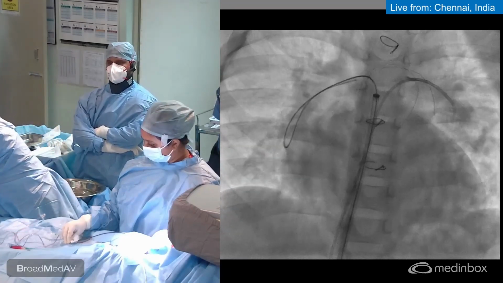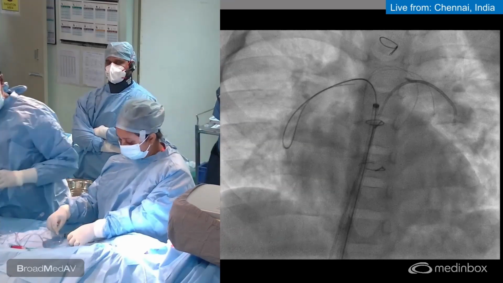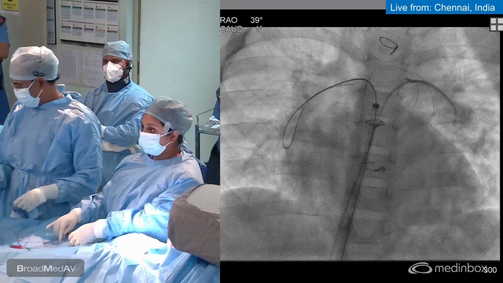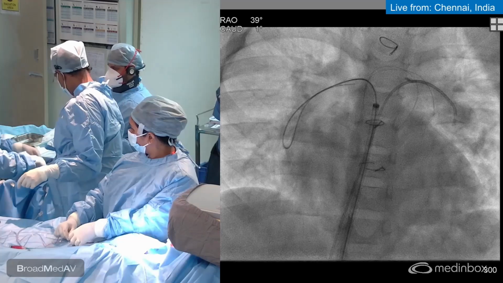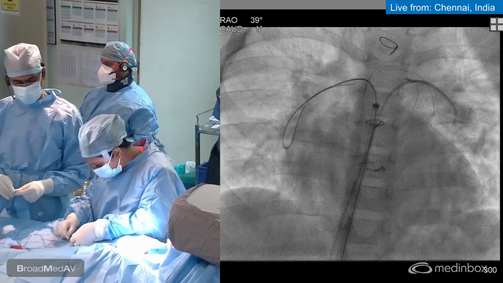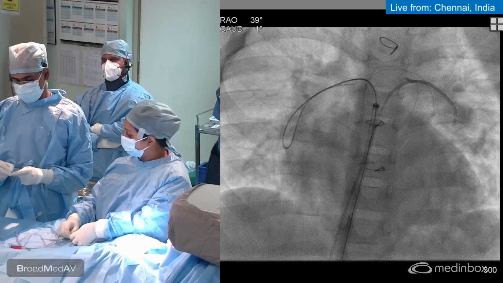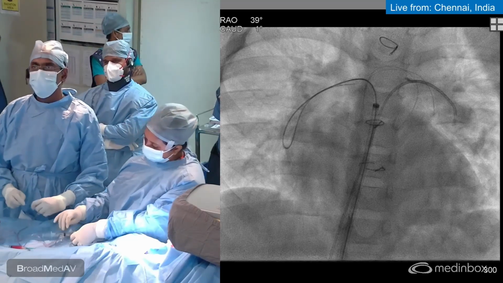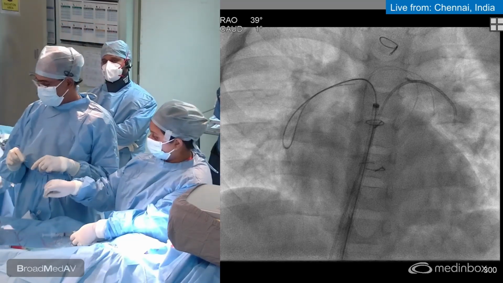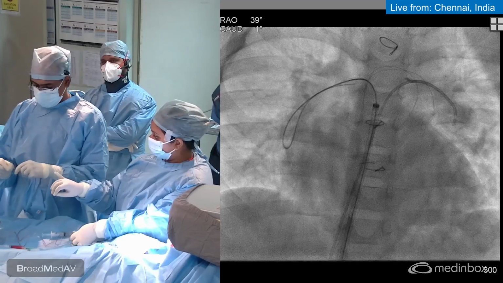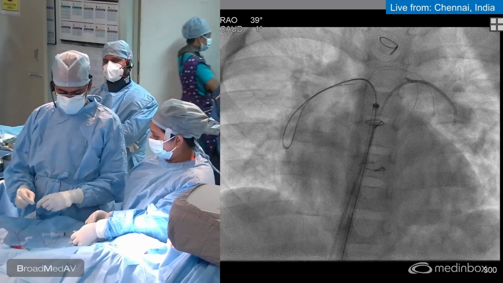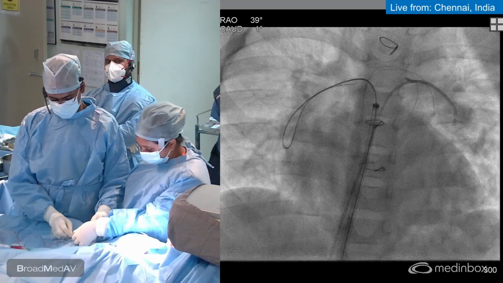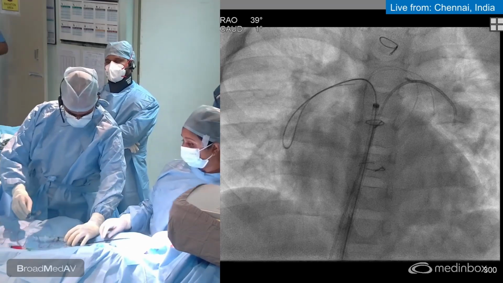Basically an end hole diagnostic catheter to go deeper into the right pulmonary artery. So I have taken out the marker pigtail catheter and I have gone with the 4 French Judkins right coronary catheter. Hold the wire.